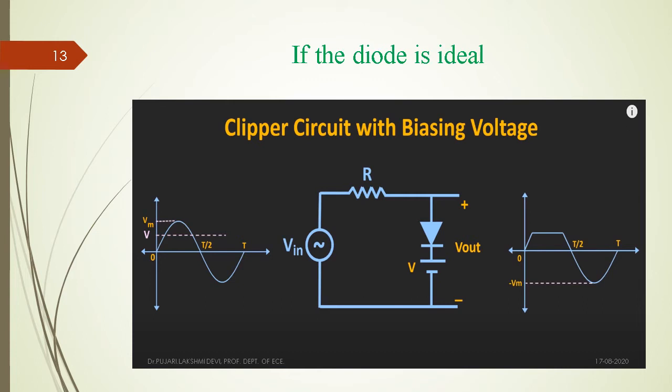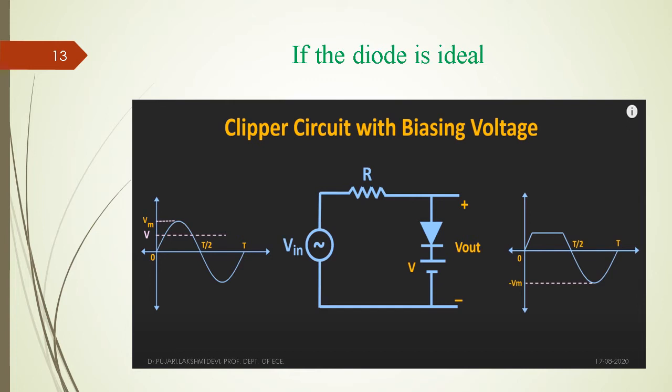If it is an open switch, the output follows the input. Whenever the input voltage is greater than 5 volts, the anode potential is greater than the cathode potential, then this diode becomes forward biased and acts as a closed switch. The output voltage shows the biasing voltage, the same 5 volts.